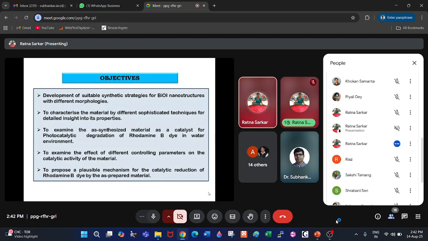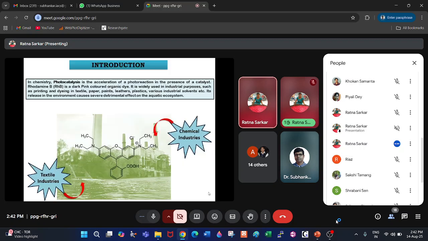To examine the as-synthesized material as a catalyst for photocatalytic degradation of rhodamine B dye in a water environment, and then to examine the effect of different controlling parameters on the catalytic activity of the material. Finally, to propose a possible mechanism for the catalytic degradation of rhodamine B dye by the as-prepared material.